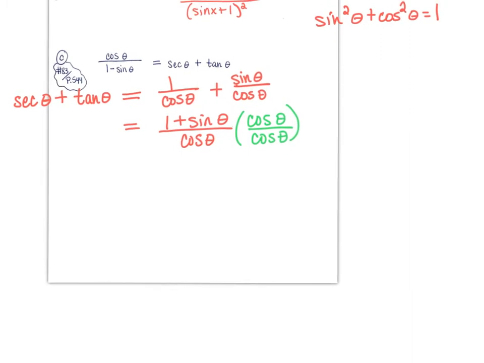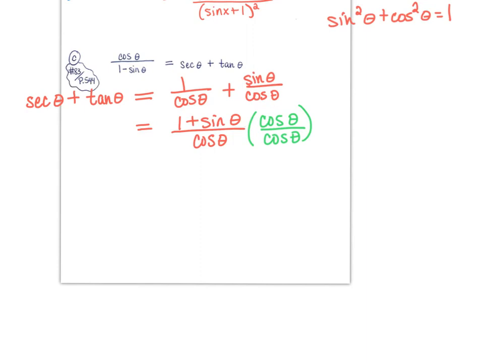So that's going to be equal to cosine of theta times the quantity 1 plus sine of theta over, what's cosine of theta times cosine of theta? Cosine squared theta.